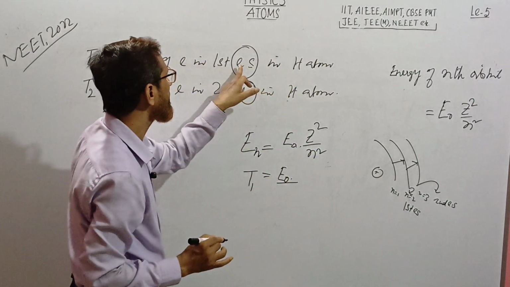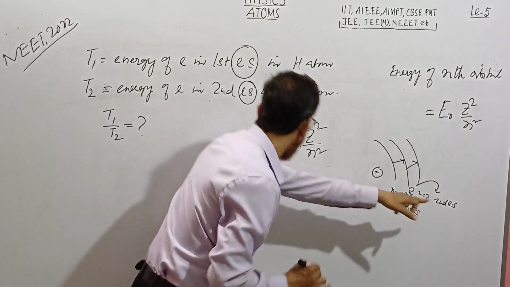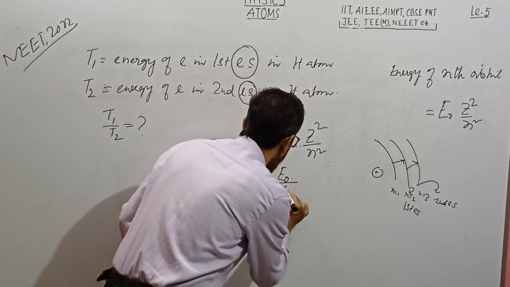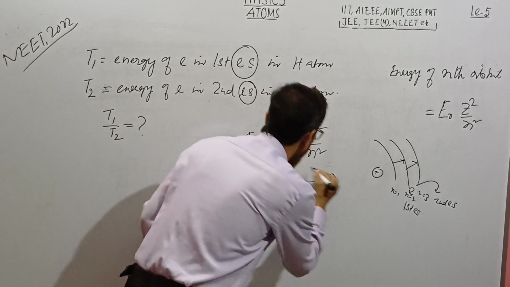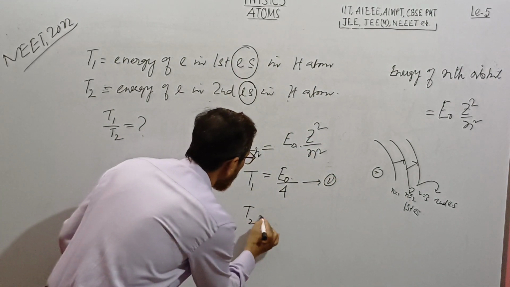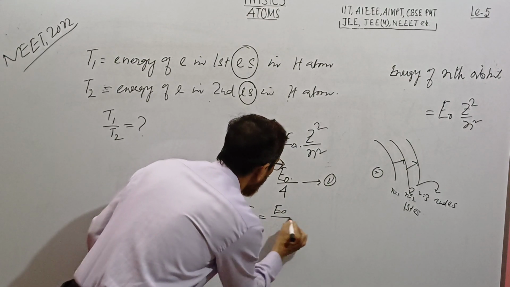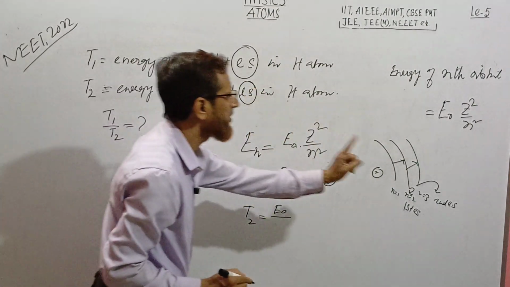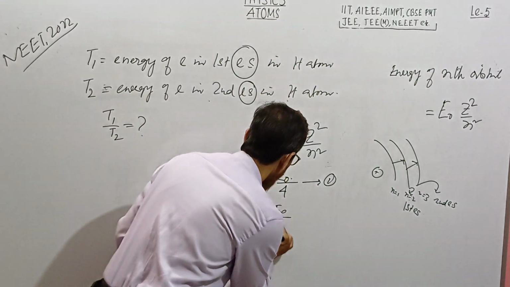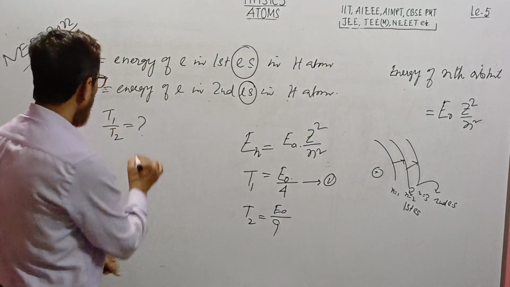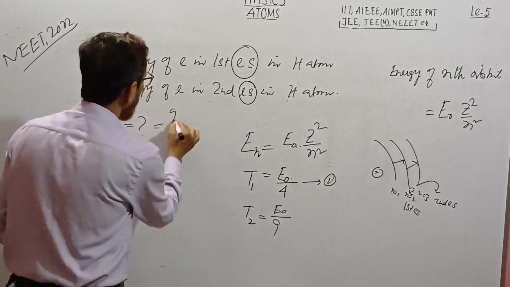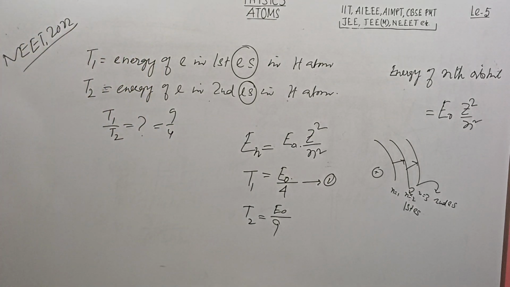First excitation state means it is 2, 2 squared means 4. Very simple. This is equal to E naught. Now second excitation state means n is equal to 3, means 9. So T1 by T2 is equal to 9 by 4.